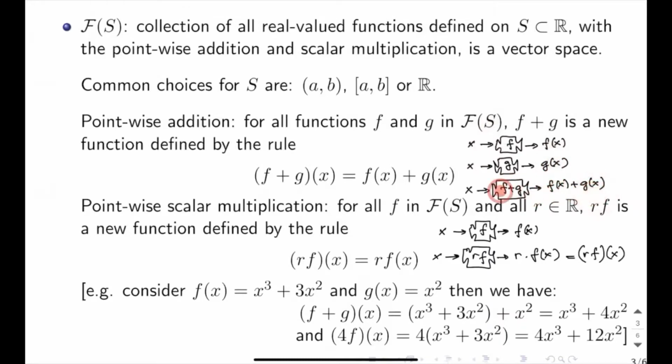So this new function, f plus g, is going to work with any x in the set S. In other words, the new function has the same domain as f and g. So the addition here is a well-defined addition. Similarly, you can argue the same thing for the scalar multiplication being well defined.